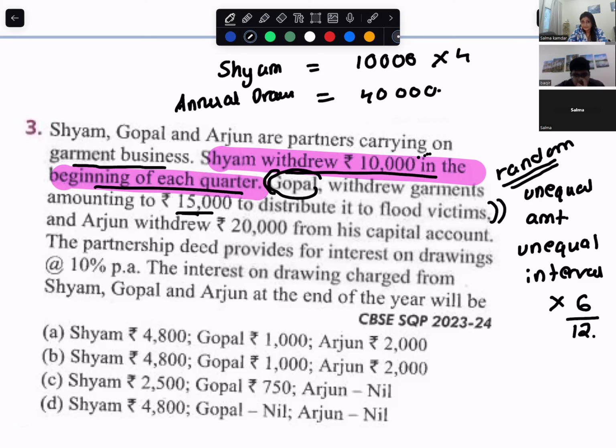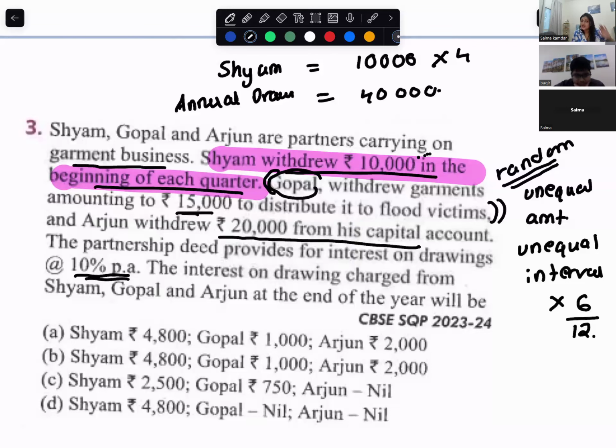Okay. Yes, ma'am. And Arjun has withdrawn 20,000 from his capital. When I am saying Arjun has withdrawn 20,000 from his capital, it means he has taken away the capital. So this is not drawings. Yes, ma'am. Partnership deed provides for interest on drawings at 10% per annum.